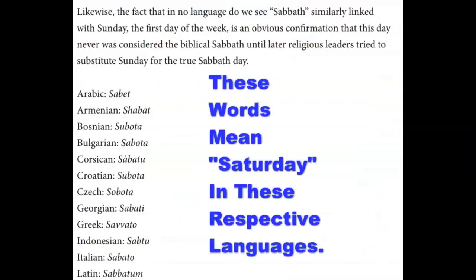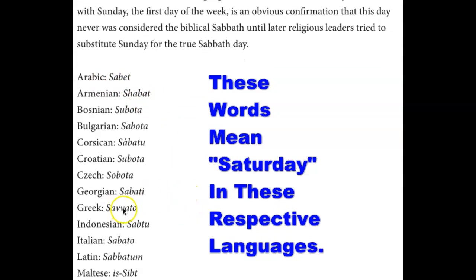Here is another list right here where you can see them. Here's Arabic, Armenian, Bosnian, Bulgarian. This is the word in these respective languages that means Saturday. As you can see, the word Saturday in Armenian means Shabbat. The word Saturday in Arabic means Sab or Sabet. If you keep going, the word Sabbath in Georgian means Sabbati.